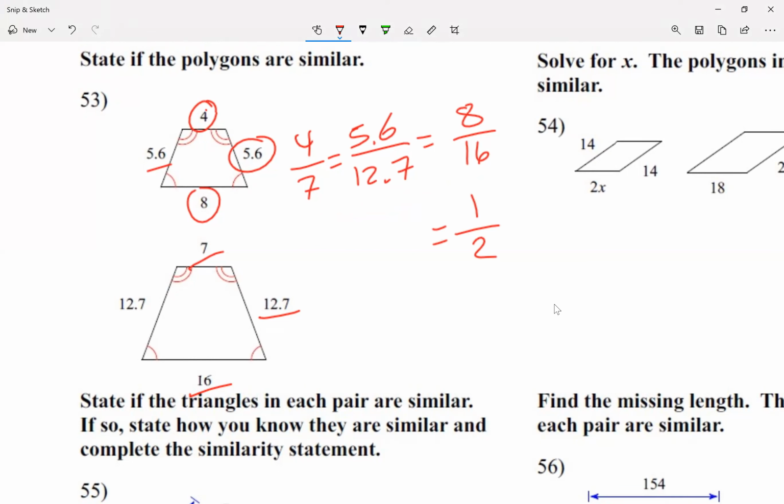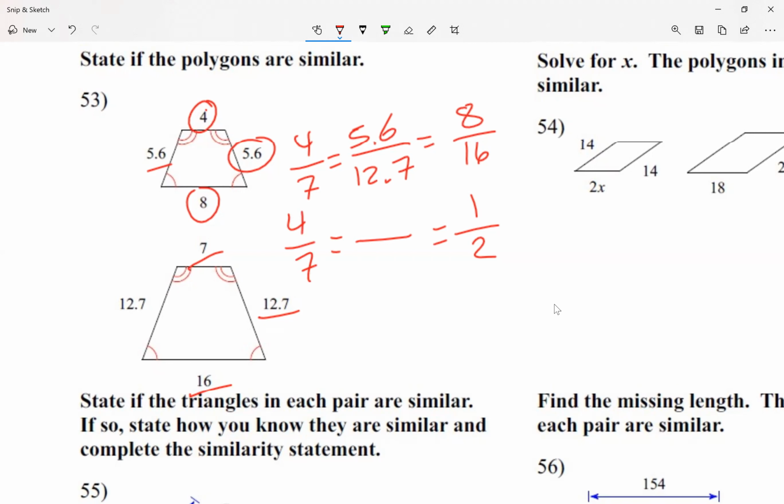Remember, in order to simplify a fraction, we have to divide the top and bottom by the same thing. So I divided by 8, and it simplifies to 1/2. I don't want to deal with the middle fraction right now, I don't want to deal with decimals. Let me look at the first fraction, 4 over 7. There's nothing I can do, so that stays 4 over 7.